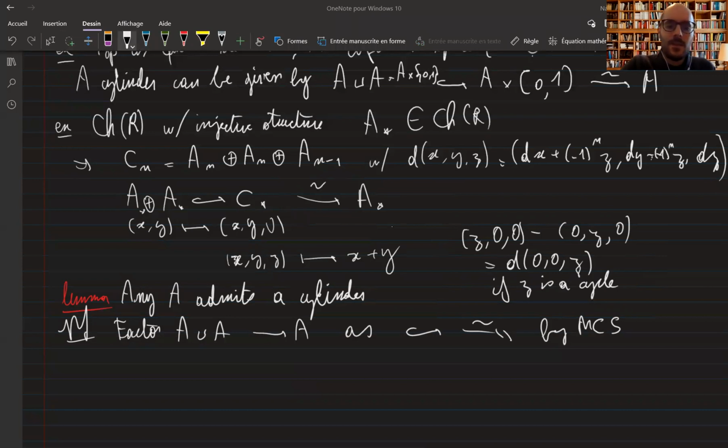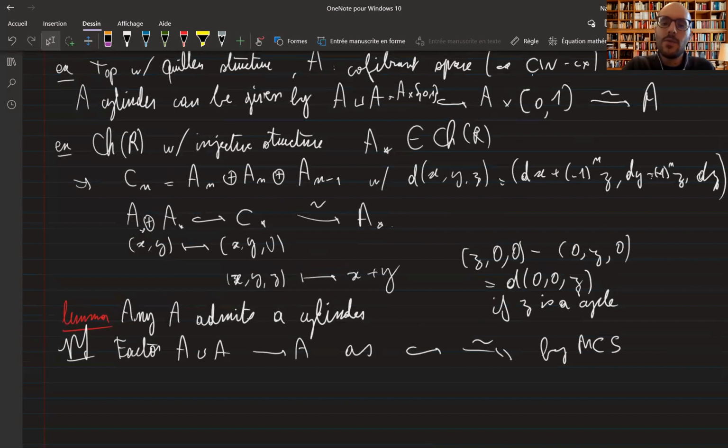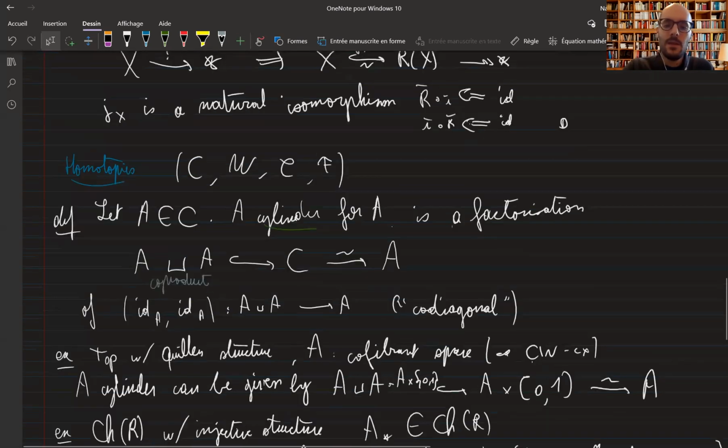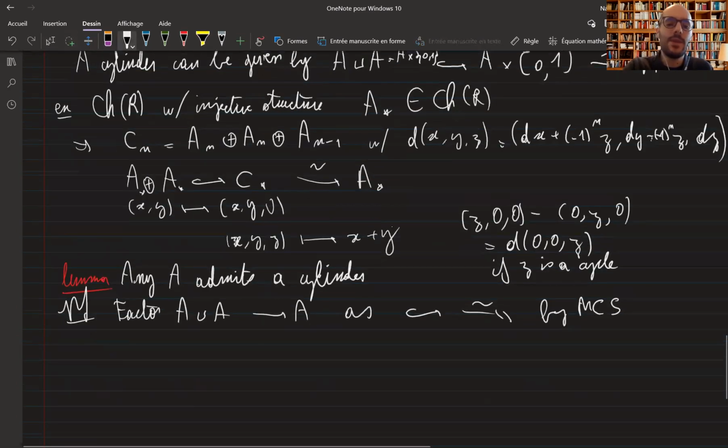All right. So we have cylinders. Now we are going to use them to define homotopies. As I explained before, for example, in topological spaces, what is a homotopy? It's a map from the cylinder such that when you restrict here, you get the maps you had at the beginning, F and G. And so this is exactly the definition.